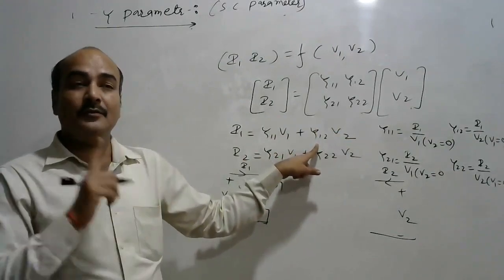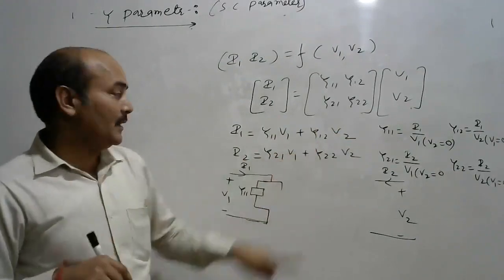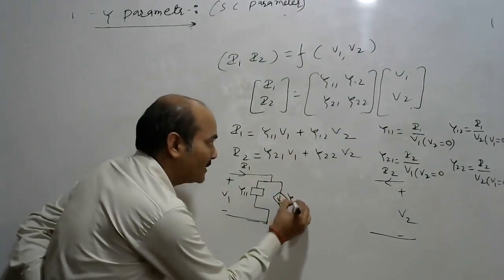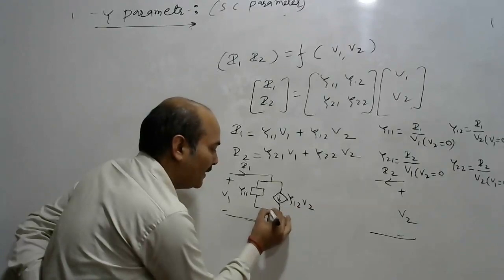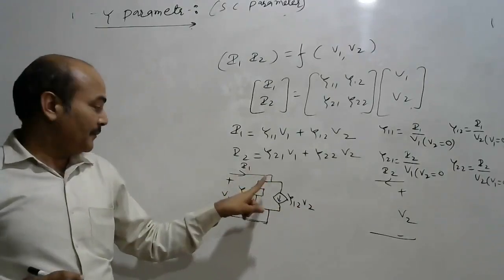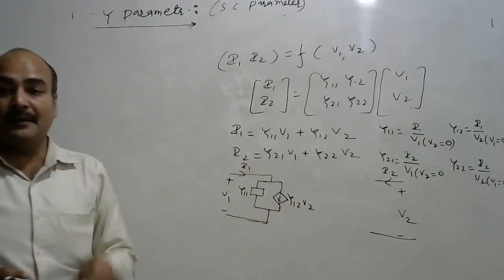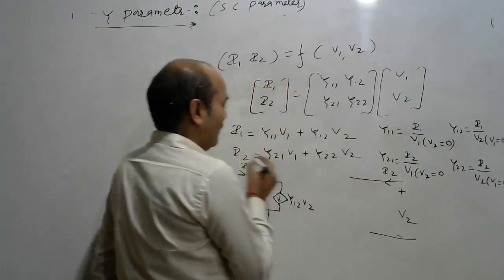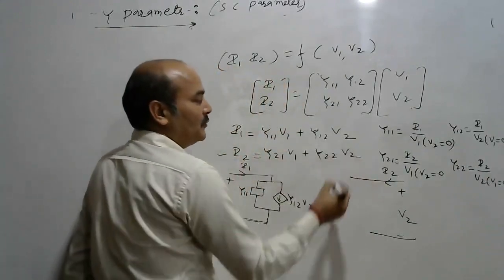This quantity is known as a voltage dependent current source. So here we introduce the second term as y12 V2. If I apply KCL here, I1 is y11 V1 plus y12 V2.